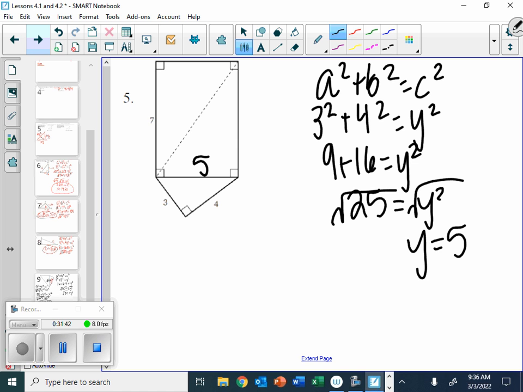Now, I need to figure out what this dotted line is. But how's that going to help me when I only have one piece of each triangle? Do I have more than one piece?